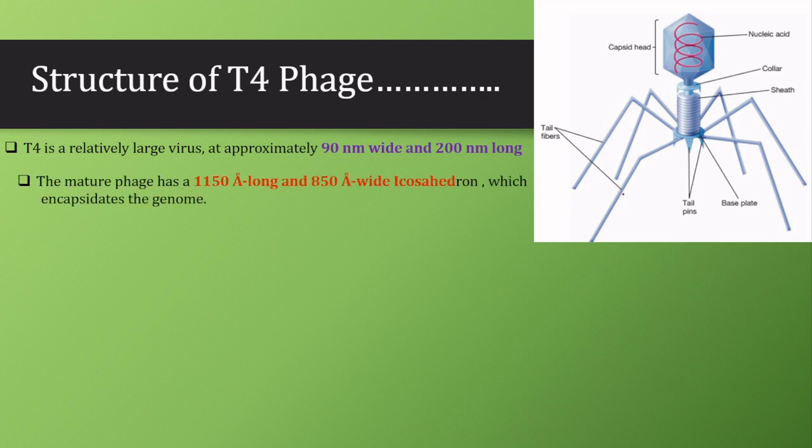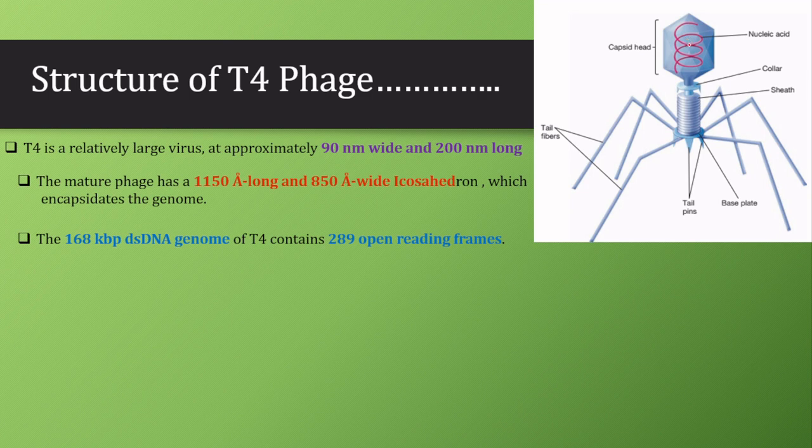The mature phage has an icosahedral head, and the dimension of this head is 1150 angstrom long and 850 angstrom wide. Inside this head, the genetic material, which is the DNA, is present.